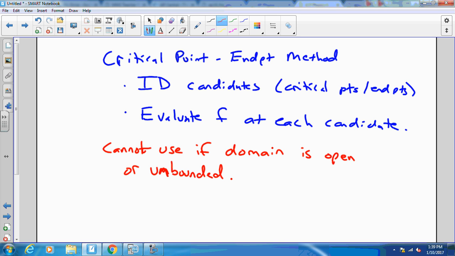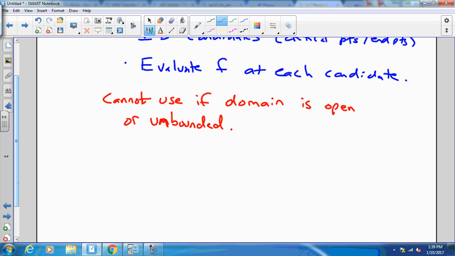We cannot use the critical point endpoint method if the domain is open or unbounded. And so in those circumstances, there's another tool that is available to us, and that is to consider the sign of f prime. So today's theorem is called the argument from the sign of f prime.